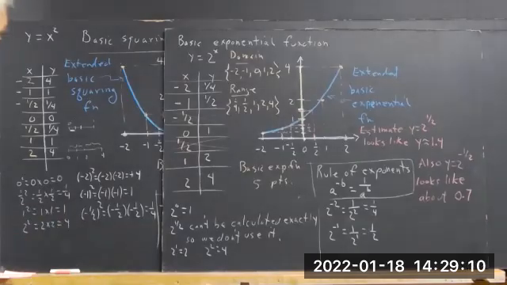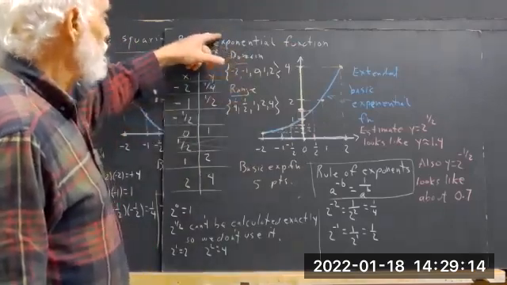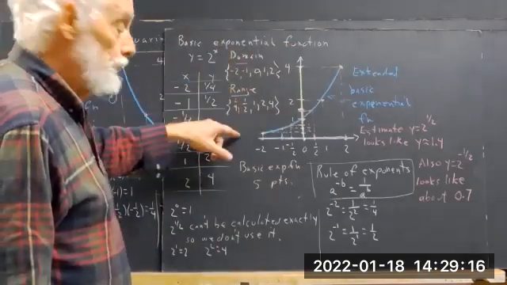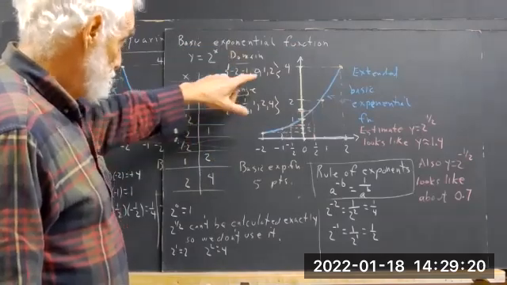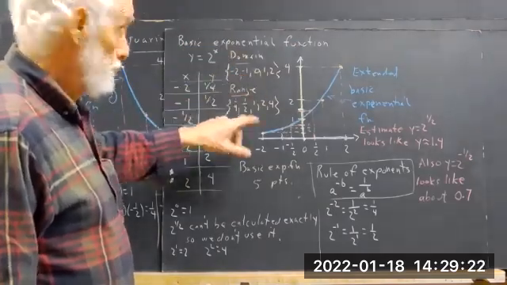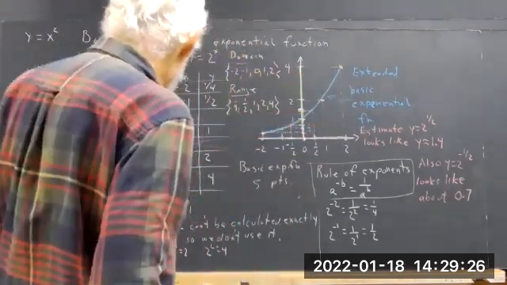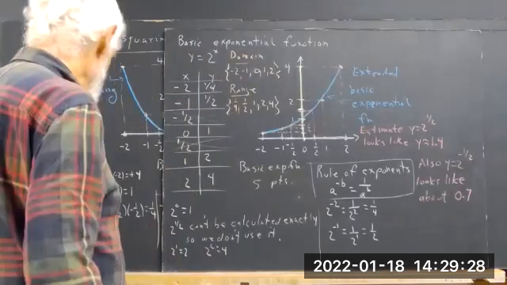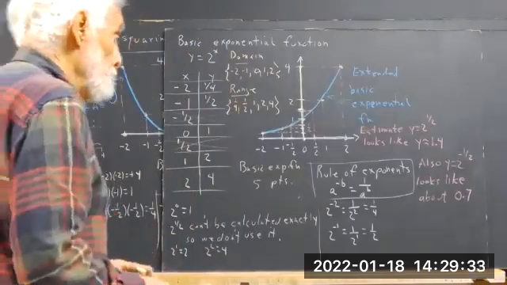Okay, so there we have it, and now there's some terminology. The basic exponential function consists of just 5 points with this domain and this range. The extended basic exponential function, well, I have room here. I can actually write out the domain and the range.